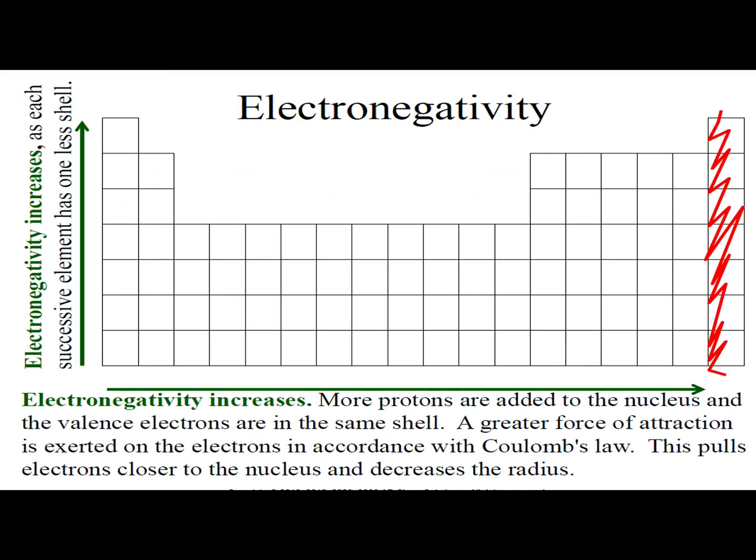When moving from left to right across a period, more protons are added to the nucleus and the valence electrons are in the same shell. As the positive charge increases, a greater force of attraction is exerted on the electrons in accordance with Coulomb's law. That's going to pull the electrons closer to the nucleus and decrease the radius.